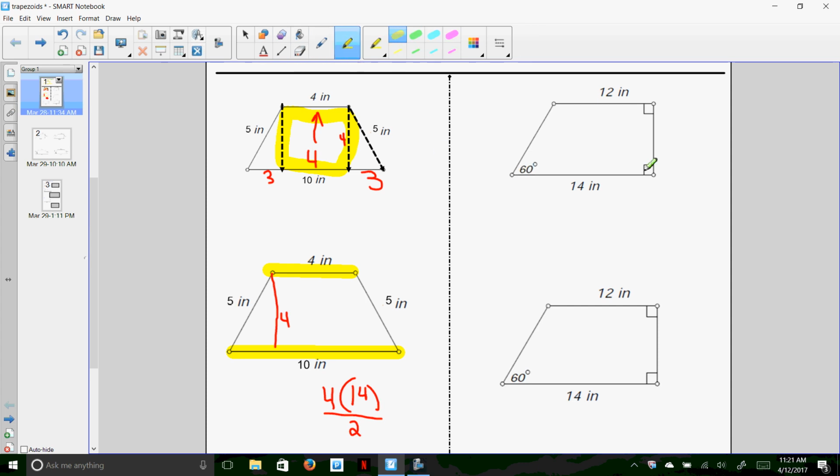All right, so here is the two bases on this one, and our height is here. All right, guys, you see that 60 there? You know it's got to be important. So here is our process. Remember, this piece has got to be 12, and this bottom piece has to be 2, and that is a little leg on this 30, 60, 90.